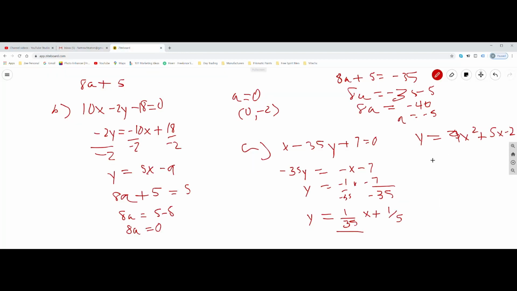And you put it into the original equation, so you get 4 times negative 5 squared plus 5 times negative 5, minus 2, you get 100 minus 25 minus 2, you're left with 73. So the points are negative 5 and 73.